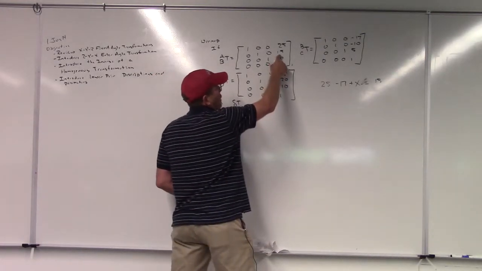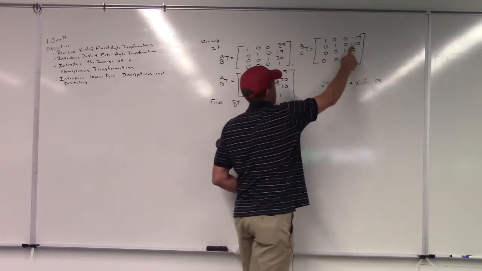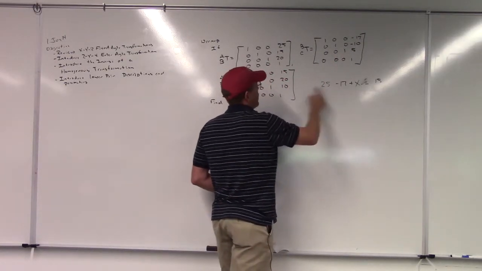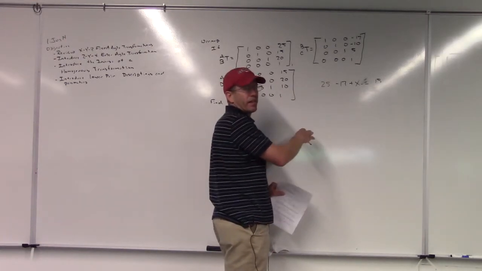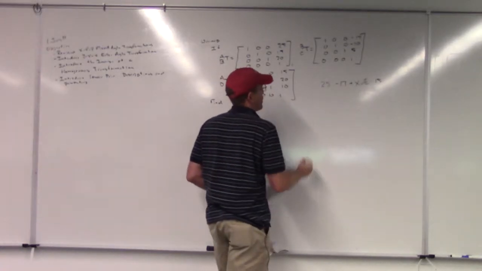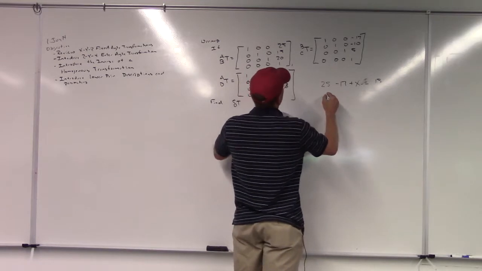And then we could probably do something similar here: 15 minus 10 plus y is equal to 20, and so on and so forth. So we have a very low-tech way of figuring out what the information in that missing matrix should be. So I'll go ahead and write that down real quick.